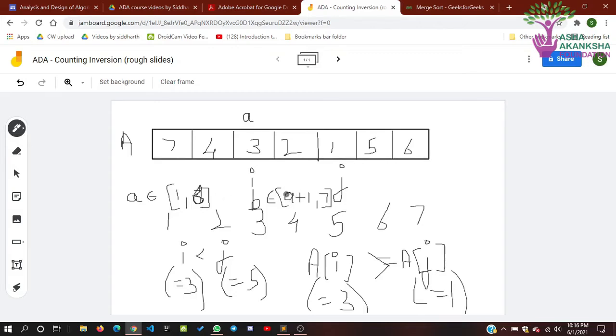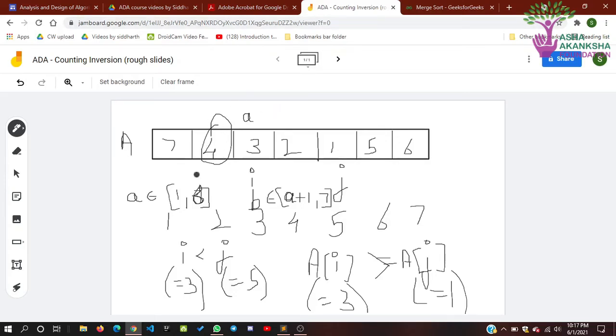So in this case, for each element, you are looking at each next element, comparing it with each of the next elements, and checking whether that next element is smaller than the given element. If that is the case, then we increment the counter indicating the number of inversions in the array.